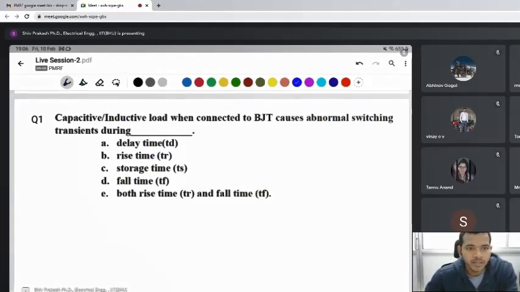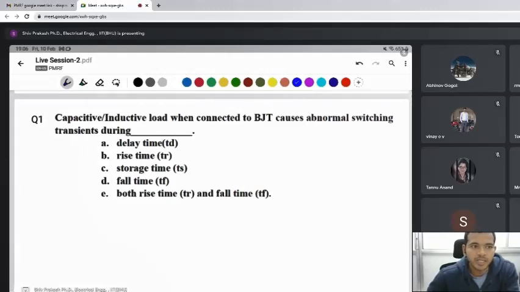When we turn on the switch, in the rise time, current flows, that is the current changes from 0 to some value.